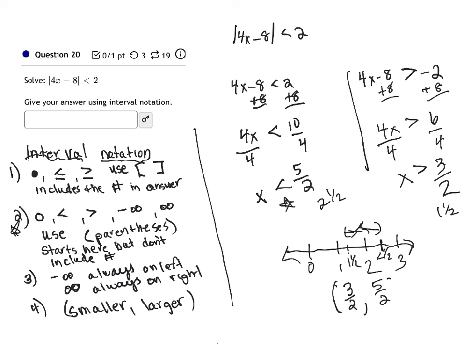And again, we're using the parentheses because it's just a less than. So our answer over here will be parentheses, 3/2, comma, 5/2. Notice the smaller is on the left, larger is on the right.